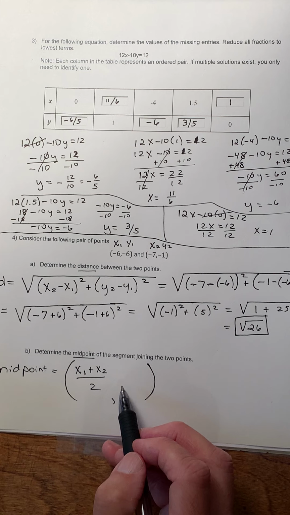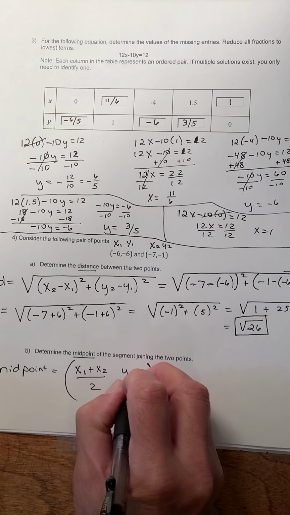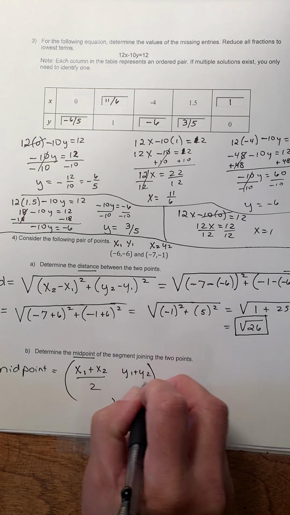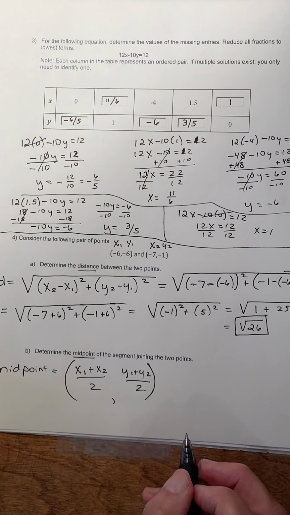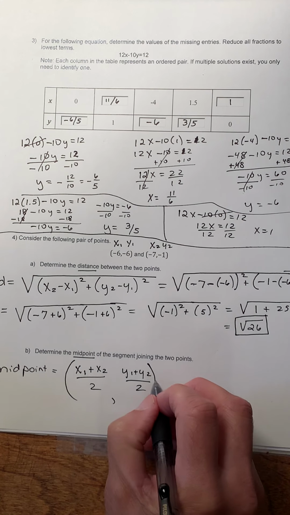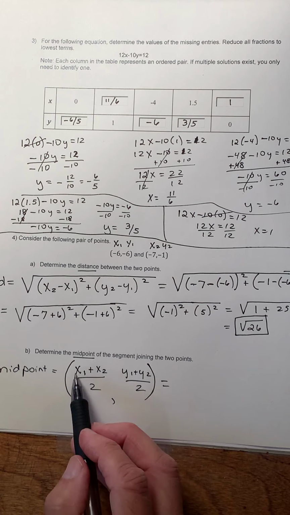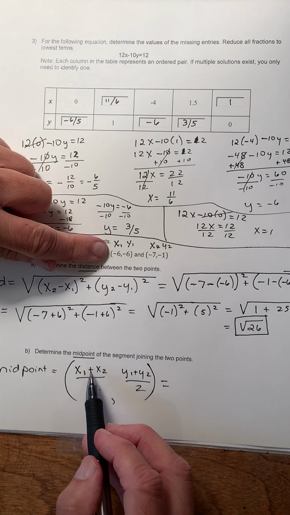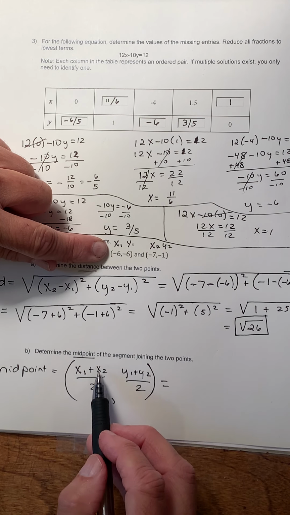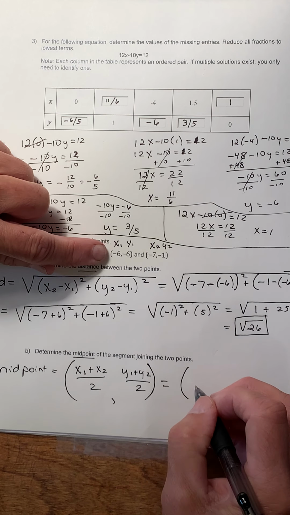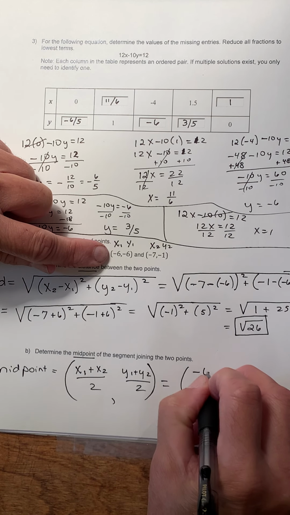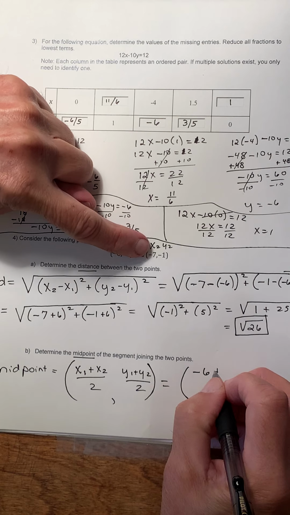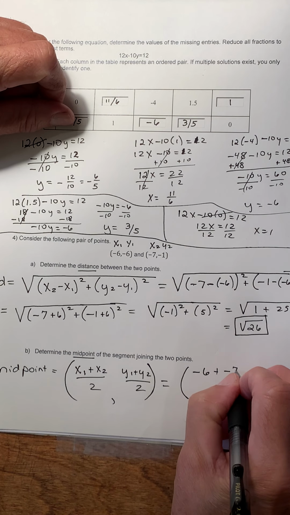And the average of the two y's. And make sure they're in the right order. X's, then y's, right? All right, so I'm going to add my two x's, x1 and x2, and divide by 2. x1 is negative 6. x2 is negative 7 over 2.